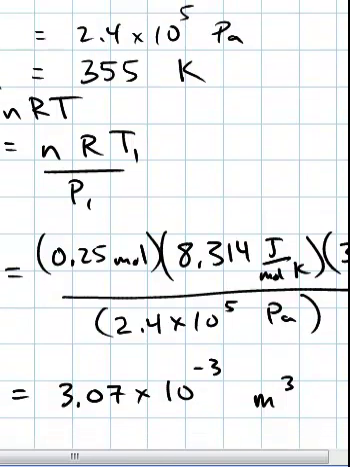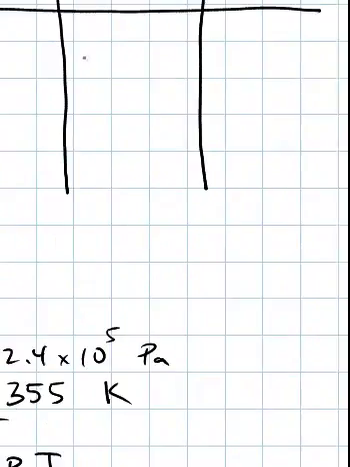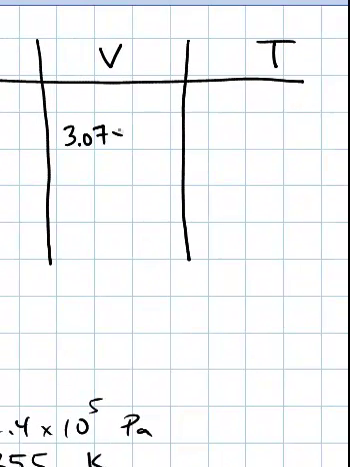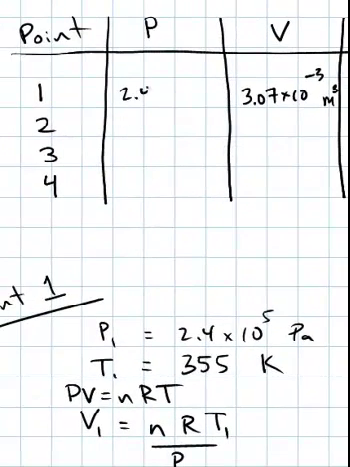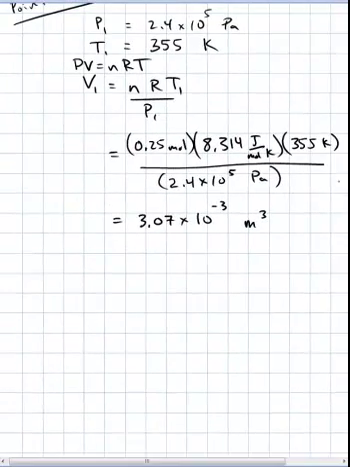So I could fill in now my volume, 3.07 times 10 to the negative 3rd, that's in cubic meters. Our temperature was given, 355 Kelvin, and the pressure was given, 2.4 times 10 to the 5th pascals.